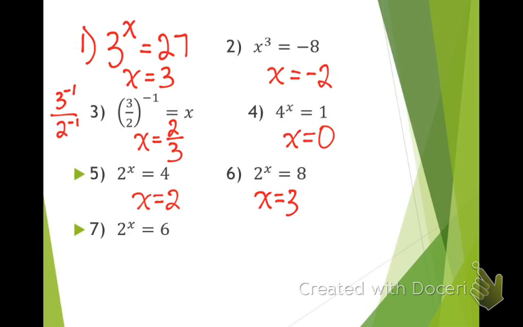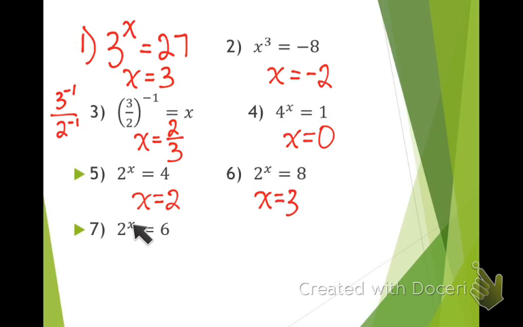On 7, 2 to what power equals 6? It's not 1, because 2 to the first would just be 2. So there's no integer exponent that's going to make this work for us. Notice that 6 is in between 4 and 8.